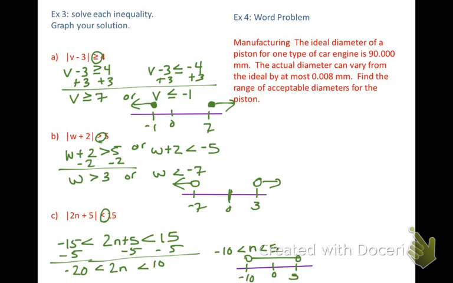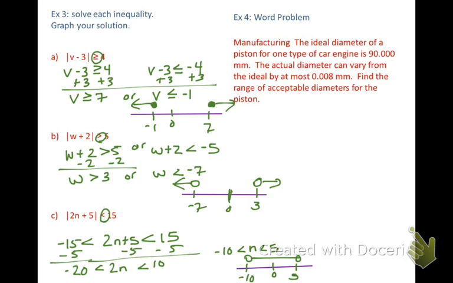Word problem. Manufacturing. The ideal diameter of a piston for one type of engine is 90 millimeters. I think it's millimeters. The actual diameter can vary, so it can vary.